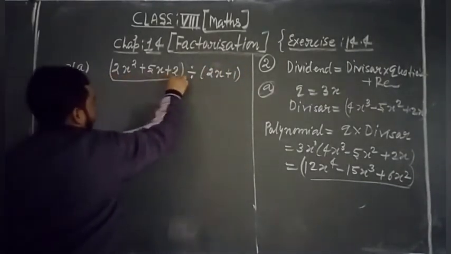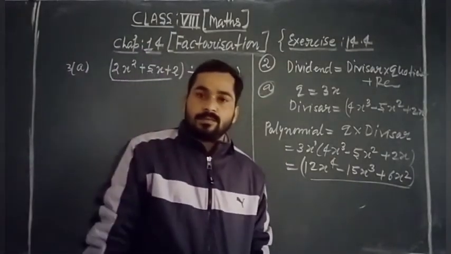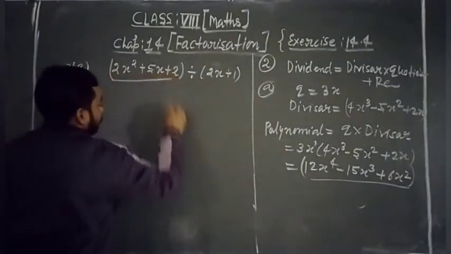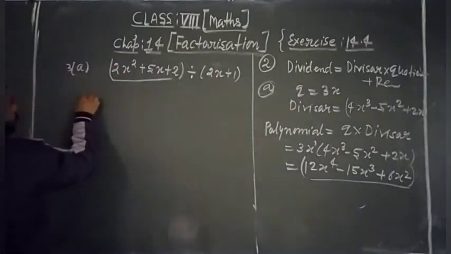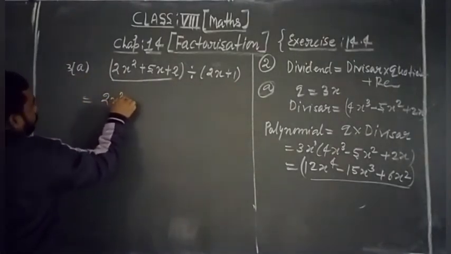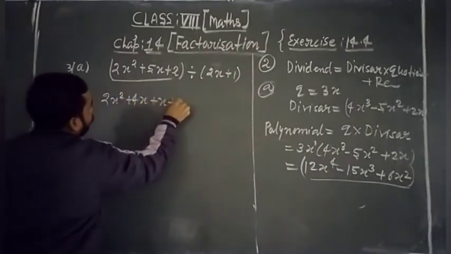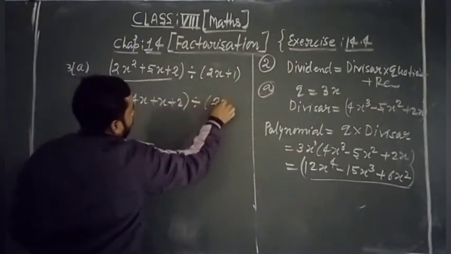So first we have to factorize this expression, then find the factors, then we have to divide. So 2 twos are 4, 4 plus 1 is 5. So 2x square plus 4x plus x plus 2, divided by 2x plus 1.